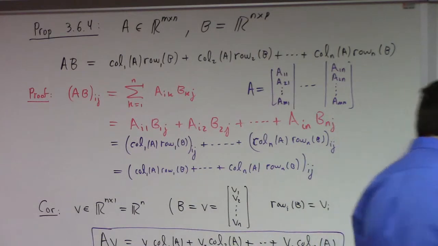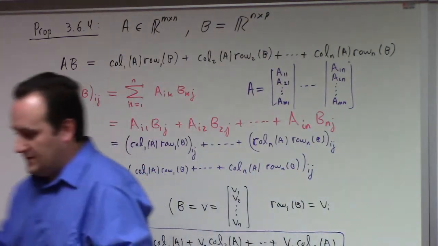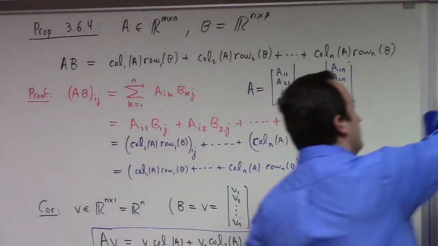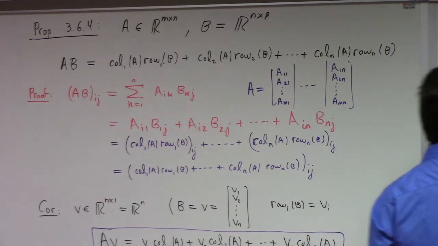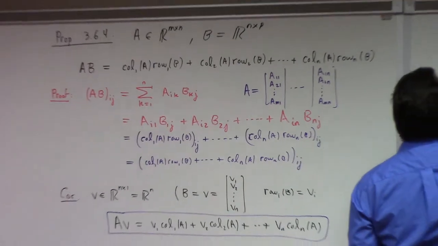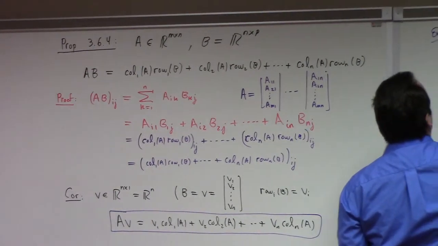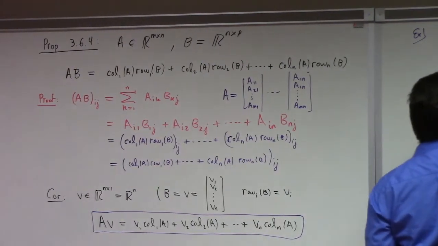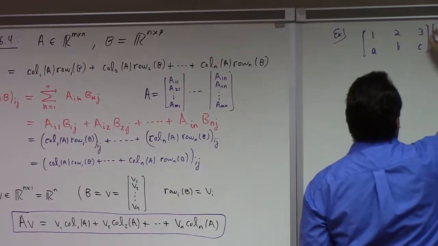Let me show you an example of that before I lose you in this sea of indices. Let's suppose we look at the matrix with rows 1, 2, 3 and a, b, c, and I multiply that by x, y, z.